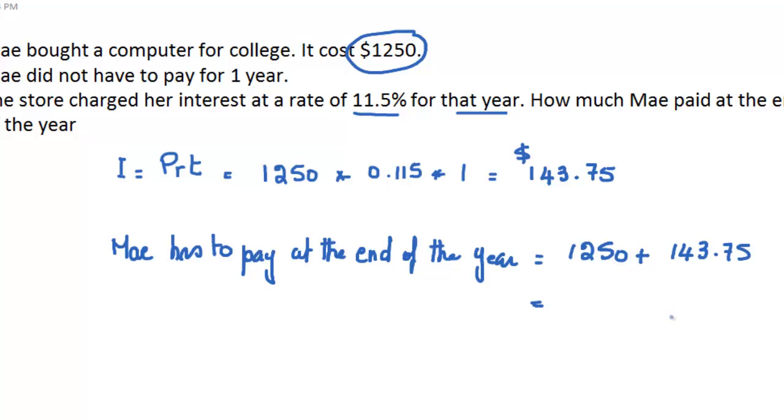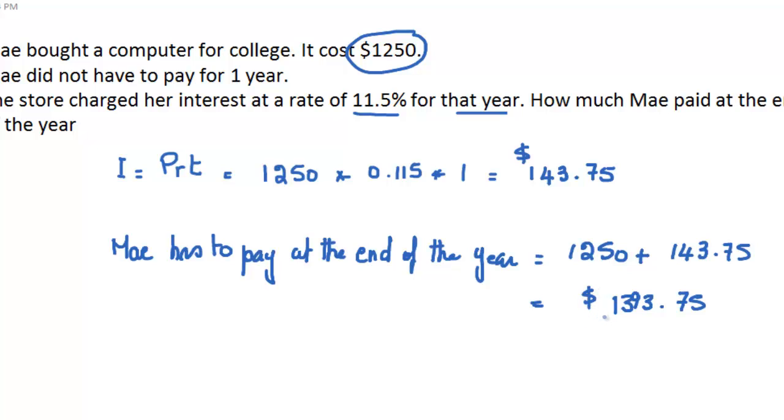So we can add it. The 75 cents will stay. 3 plus 0, 3. 4 plus 5, 9. 1 plus 2, 3, and 1. That means $1,393.75.